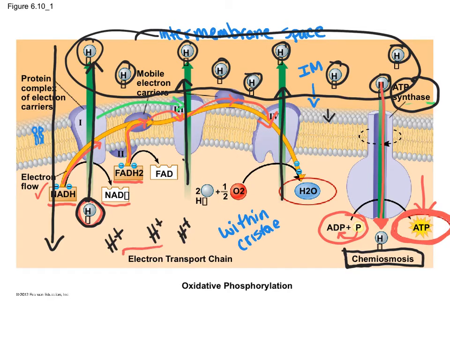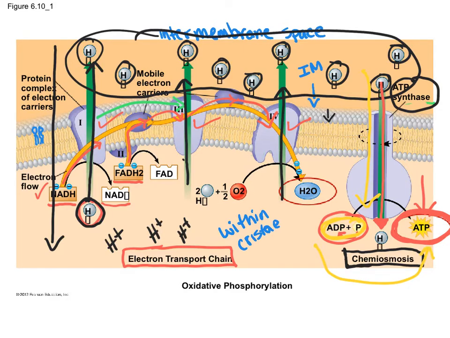So really the electron transport chain here is used to shuttle electrons from one protein to the next, just to set up that hydrogen ion concentration gradient. Then those hydrogen ions are able to move through ATP synthase, creating enough energy to phosphorylate ADP to create ATP.